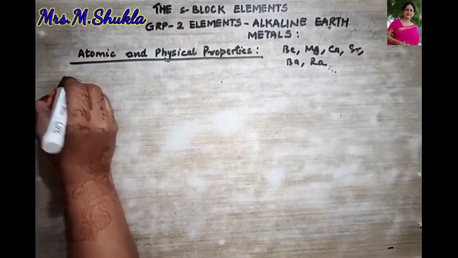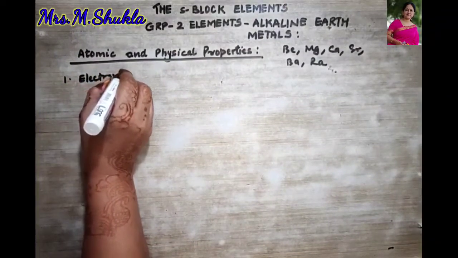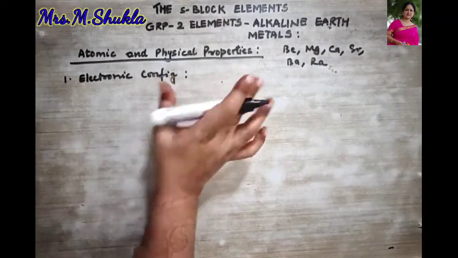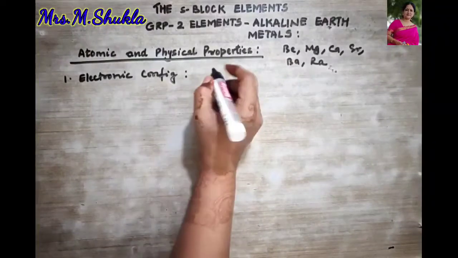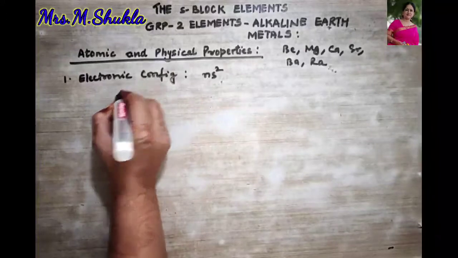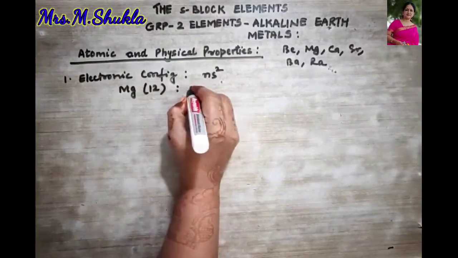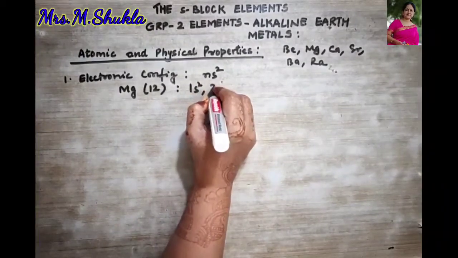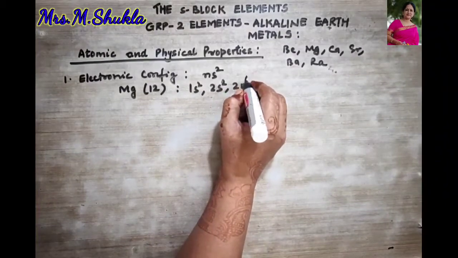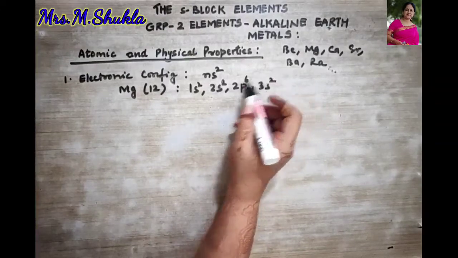So to begin with, let us talk about their electronic configuration. The general electronic configuration of these elements is ns2, right? So for example, magnesium, the atomic number is 12. What is it? 1s2, 2s2, 2p6, 3s2, right?